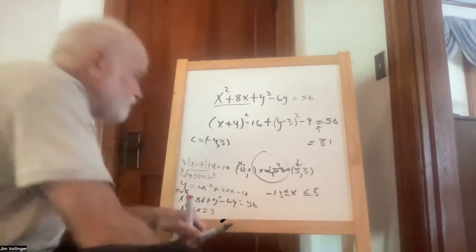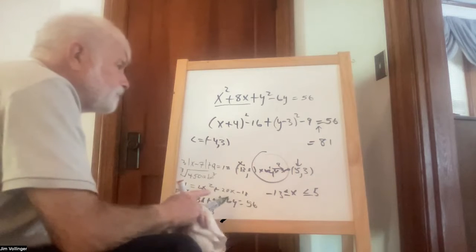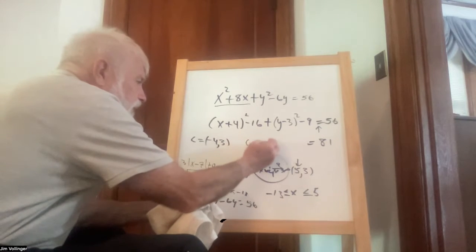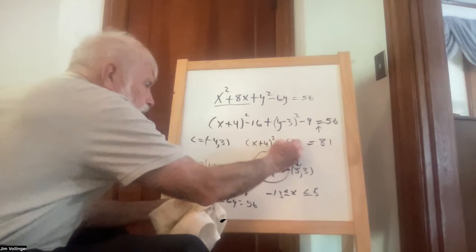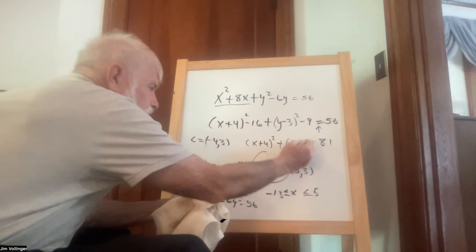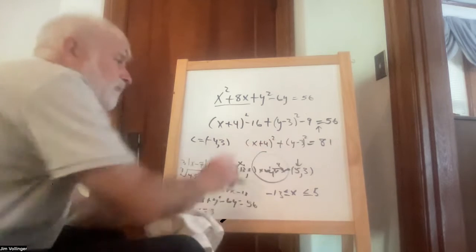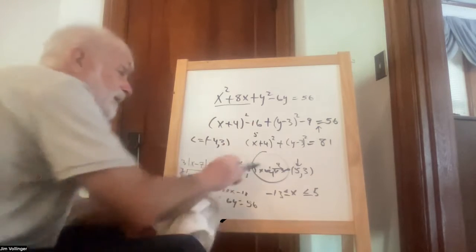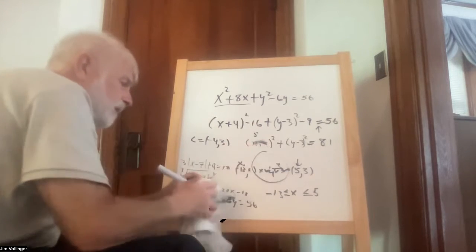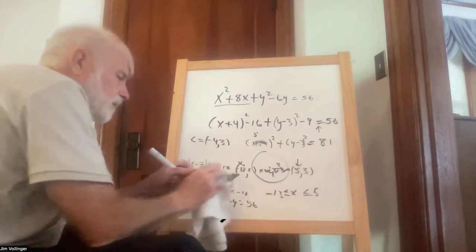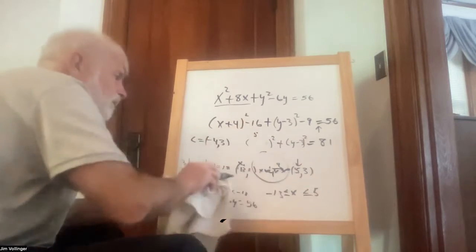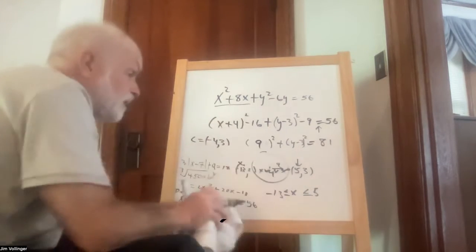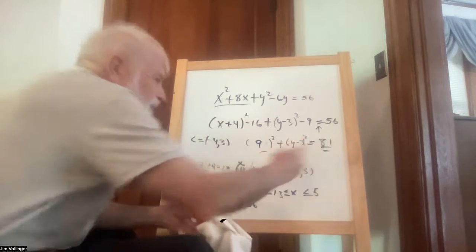All right, almost done. So let's put a 5 in here. Let's get this isolated a little more: y minus 3 squared. If I put a 5 in here, 5 plus 4 is 9. Let's do it with the finger. No, can't do it with the finger on this board. So if I put a 5 in there, I get 9 squared, and 9 squared is 81.